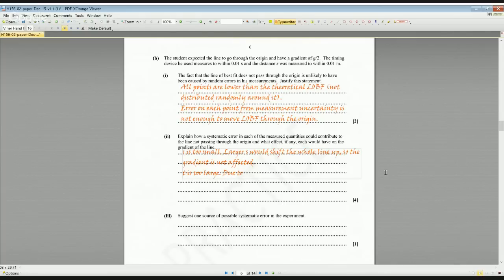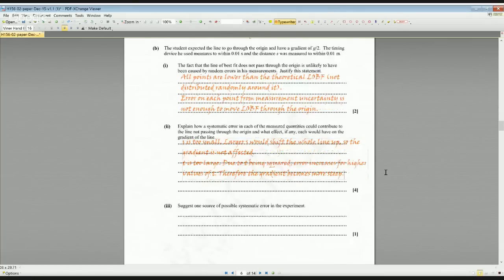Due to t being squared, the error increases for higher values of t. Therefore, gradient becomes more steep. That would affect the gradient.